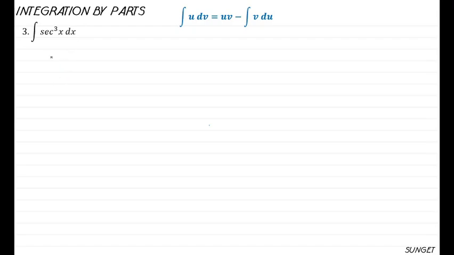So our integral of secant cube x dx is equal to secant x times tangent x minus integral of secant x times tangent squared x dx.